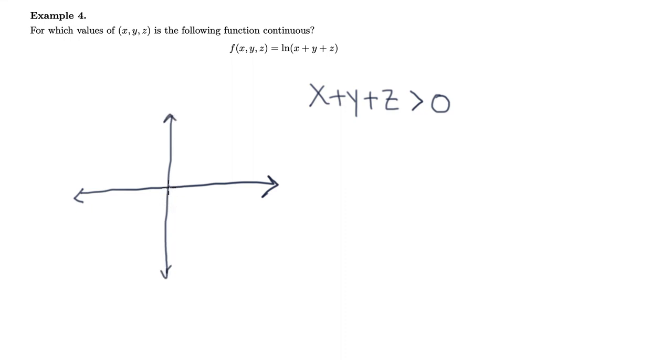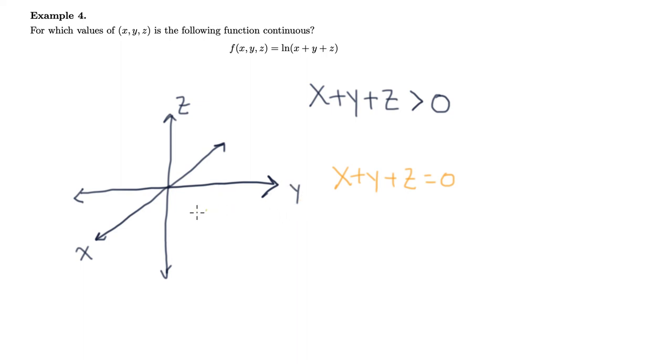So let's take our time here, since plotting in 3 dimensions is a little bit more difficult. What we want to plot is the plane x plus y plus z equaling 0, and then we want to take the set of points that's larger or above this plane.